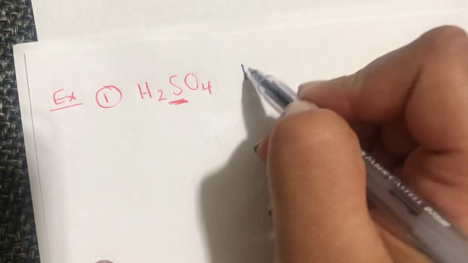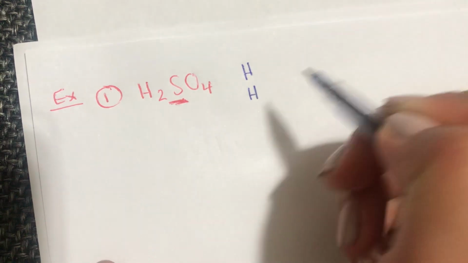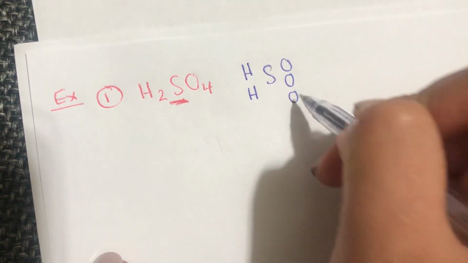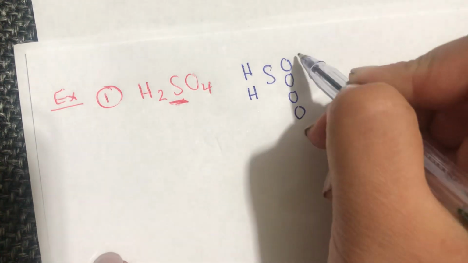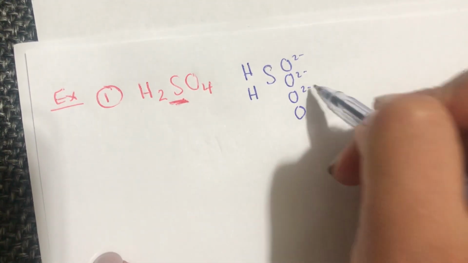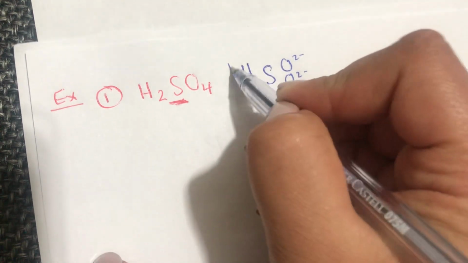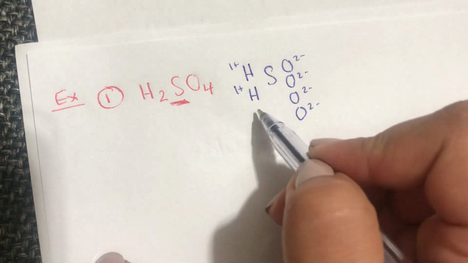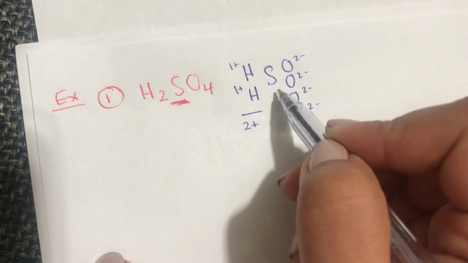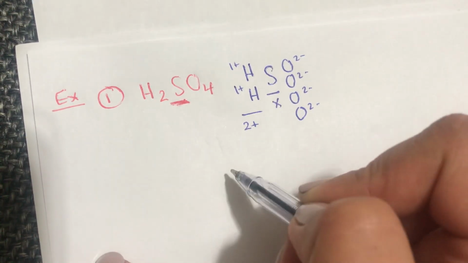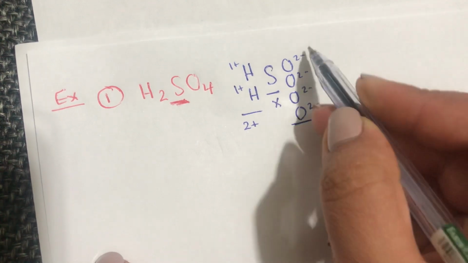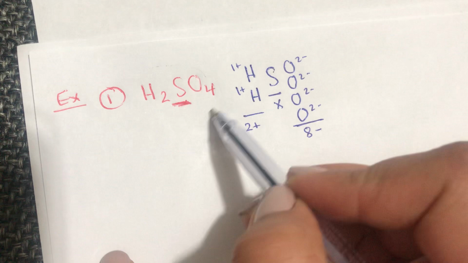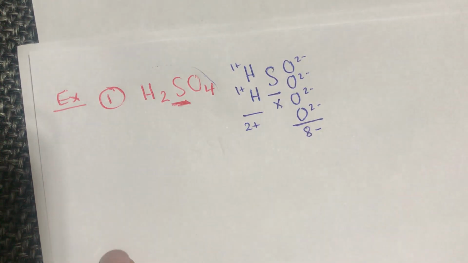So here you have 2 hydrogen atoms, 1 sulfur and 4 oxygen atoms. So the oxidation number of oxygen is -2 and for hydrogen the total is +2. So here you have +2 and here unknown, you have to calculate it, and the total negative charge equals -8. It's a neutral compound.